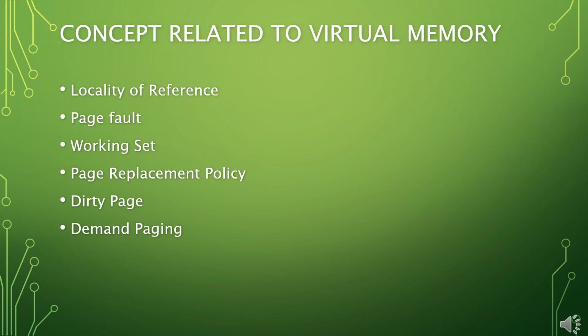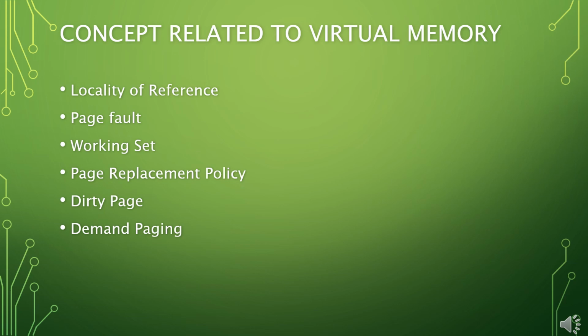The next one is page fault. In many systems, when a process or program is executing with only a few pages in the memory, and an instruction is encountered which refers to any instructions or data in some other page which is outside the main memory, that is on the disk, then this particular problem may occur, which is called page fault.